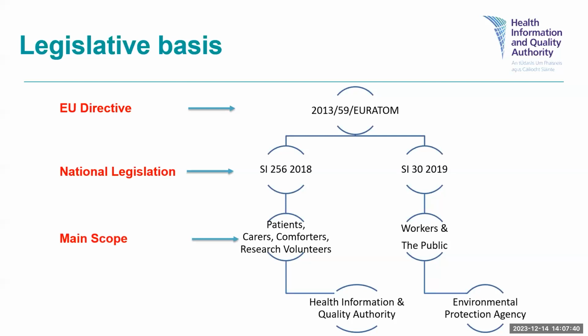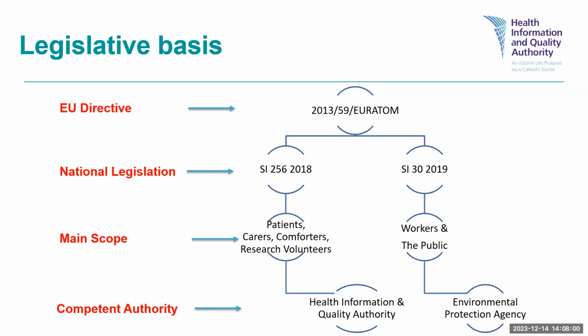The main scope of SI 256 relates to medical exposures to ionising radiation in the context of patients, along with carers, comforters, and research volunteers, while the main scope of SI 30 then relates to the public and to occupational exposure or to workers.